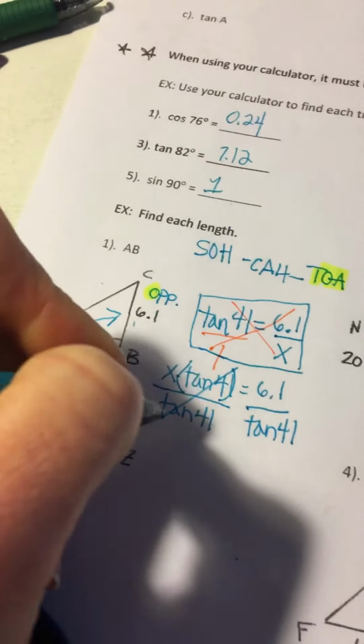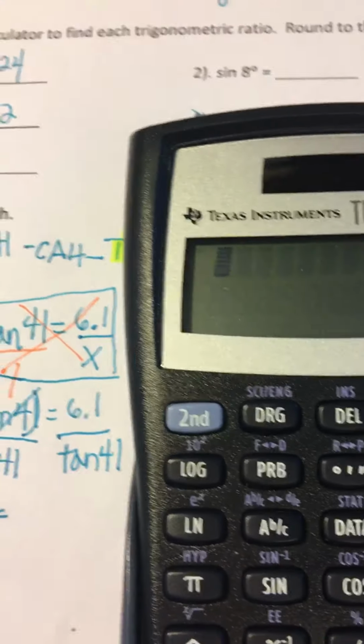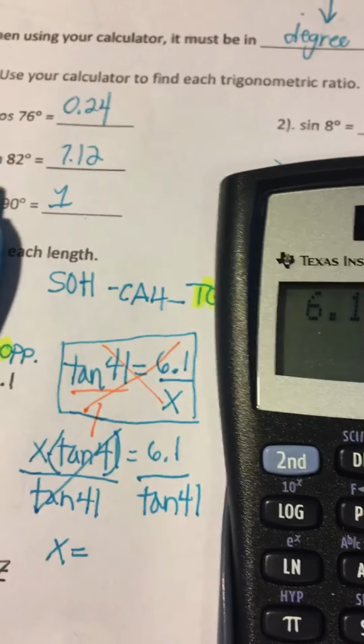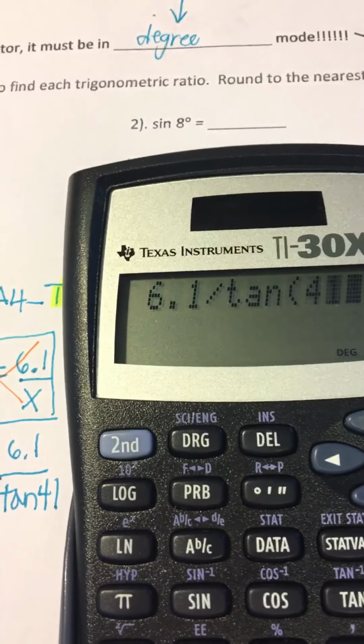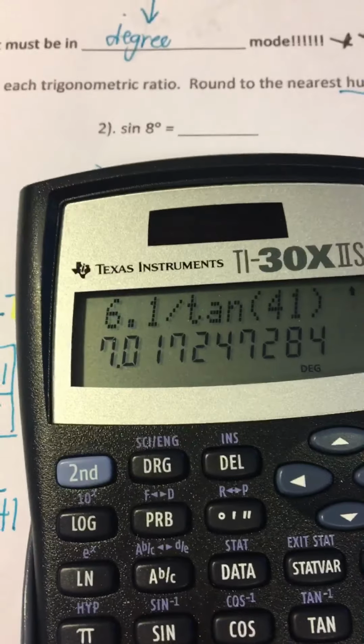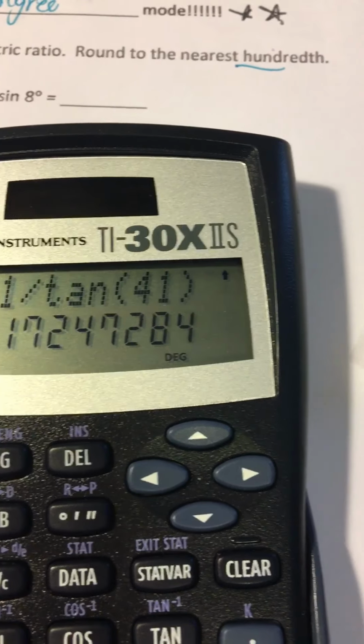Those cancel out and I get X equal to, in my calculator, 6.1 divided by tangent of 41. Tangent, in parentheses, 41. Enter. 7.02, if I round it.